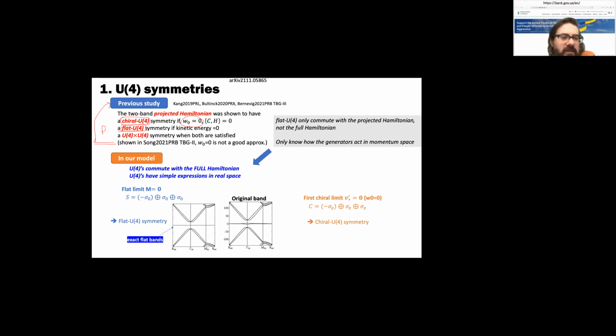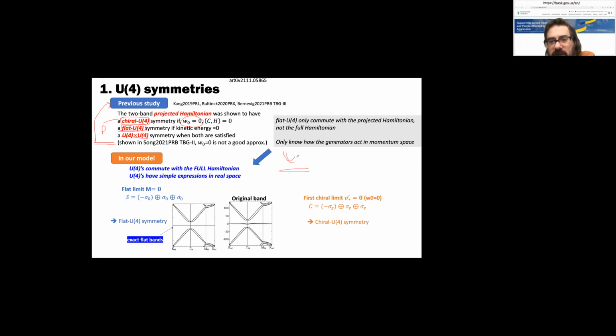But then you have another U4 symmetry, and indeed, when you take into account both of these, you have a large U4 times U4 symmetry. All these things are reproduced in the heavy fermion model, but they're reproduced without having to project. So the heavy fermion model in different limits commutes with these U4 generators, but without projection.